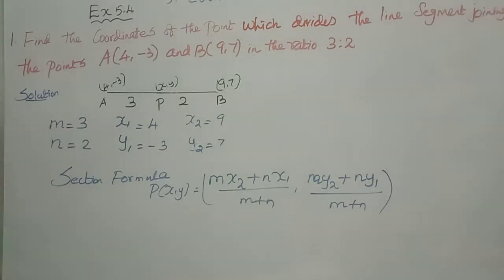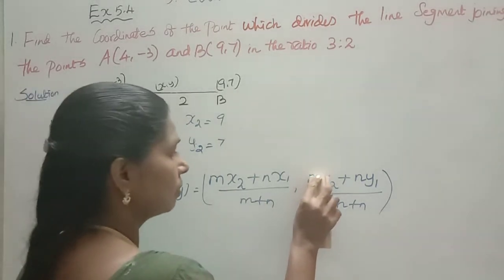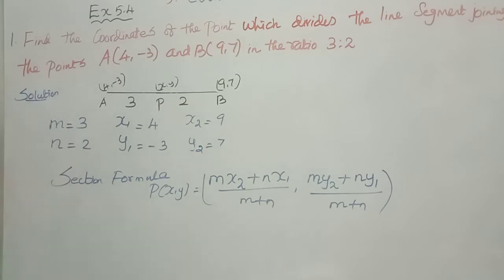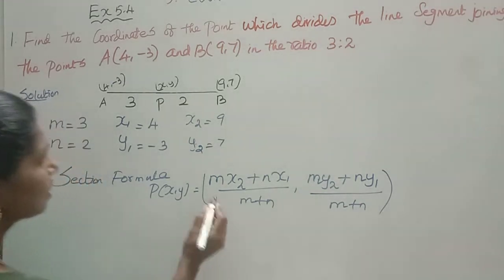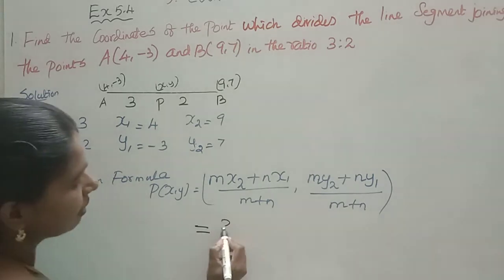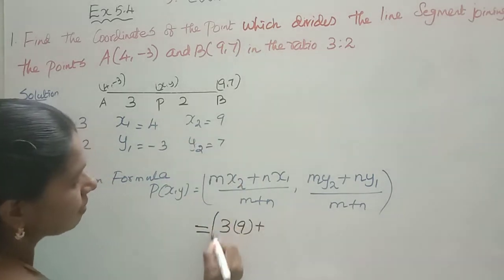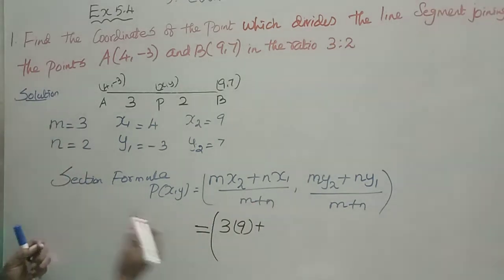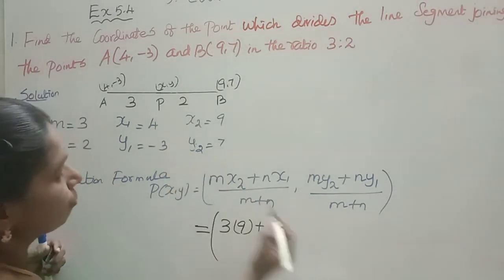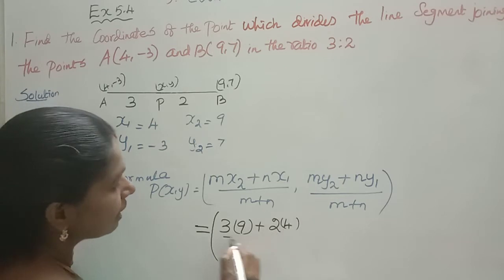Okay, mx2, my2. Now substitute the values. Very easy only. Do you know the value for m? That's very good. What is the value? 3. x2 value 9 plus n value is 2 and x1 value 4 by m plus n.